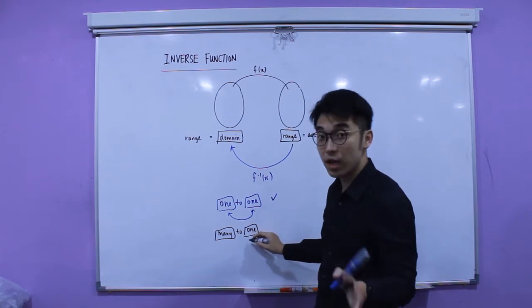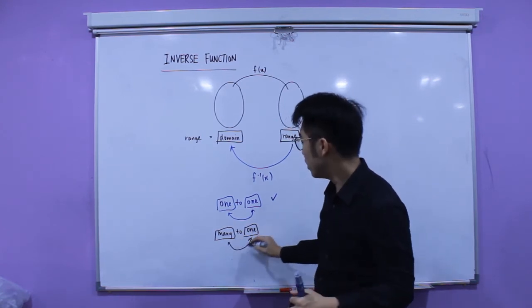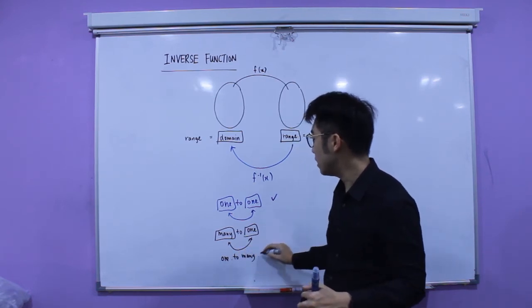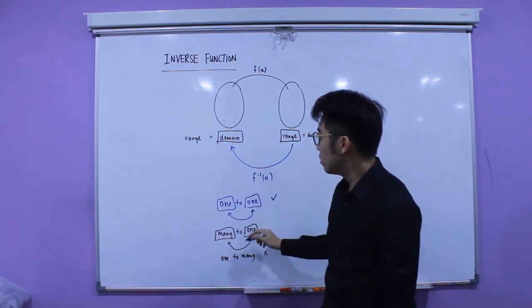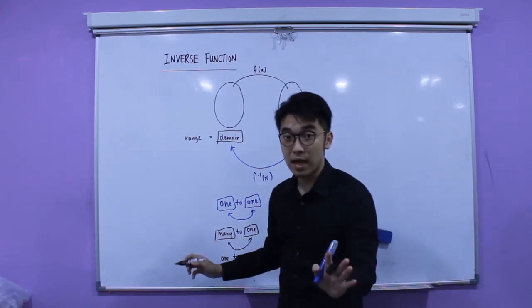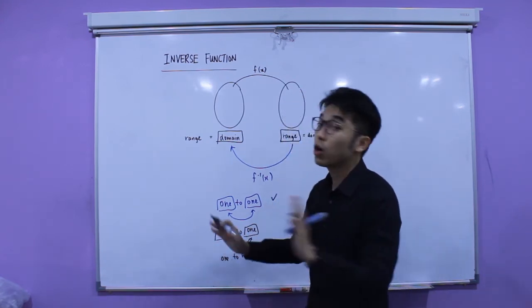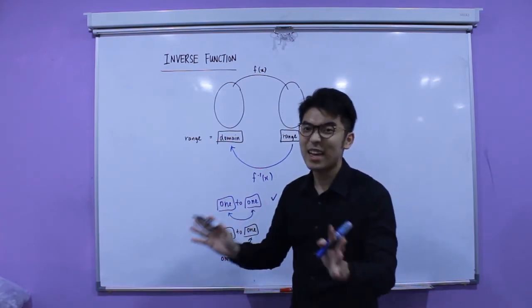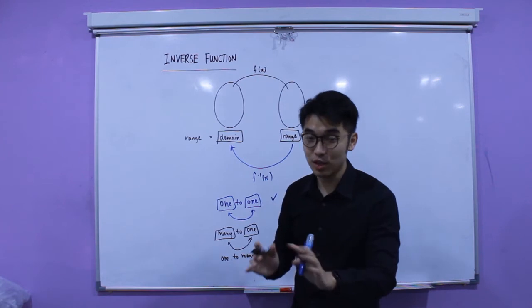But what if we inverse this? When we inverse this, it is now considered one-to-many. Therefore, many-to-one can never have an inverse function. So to conclude, it's very simple: only a one-to-one function has an inverse. That is what you need to know.